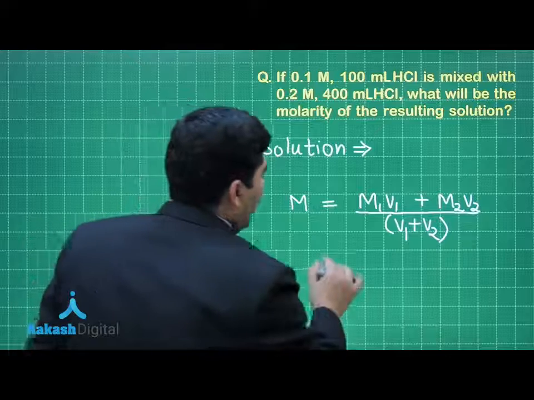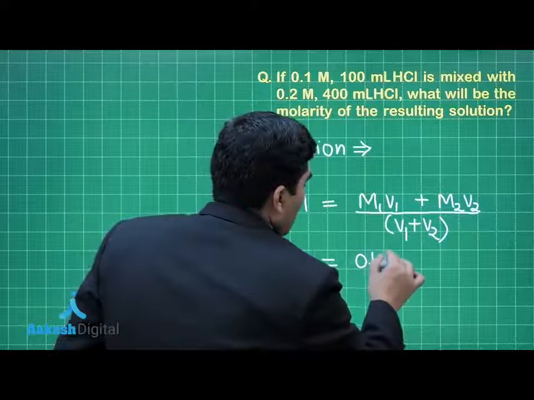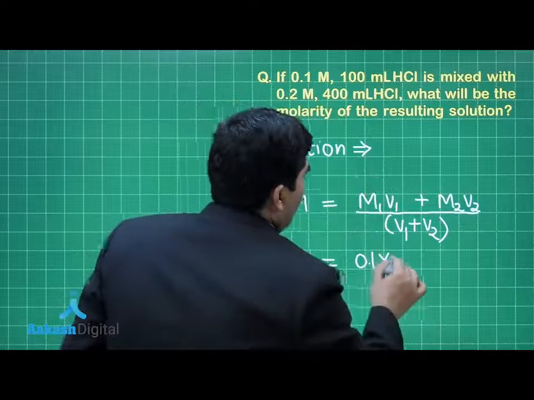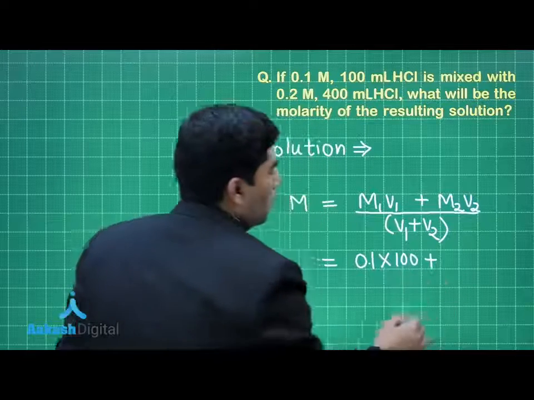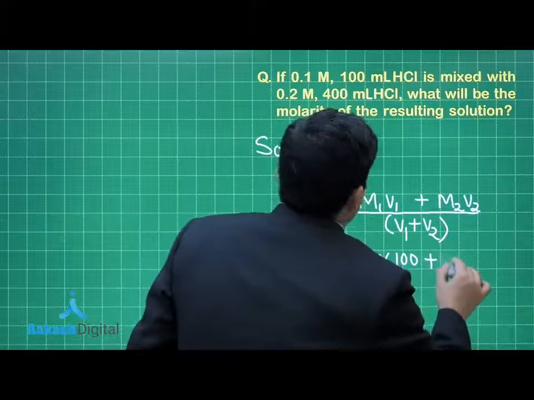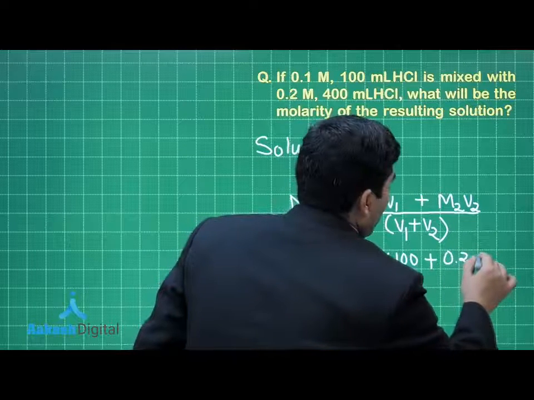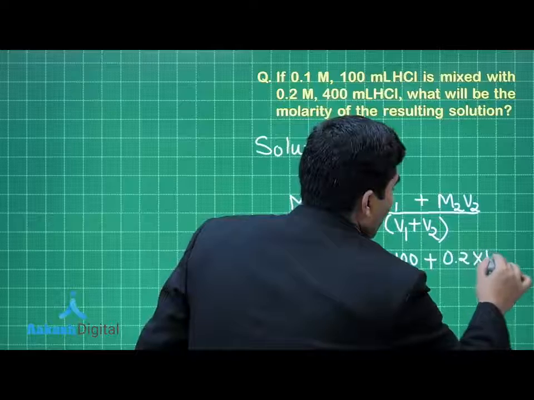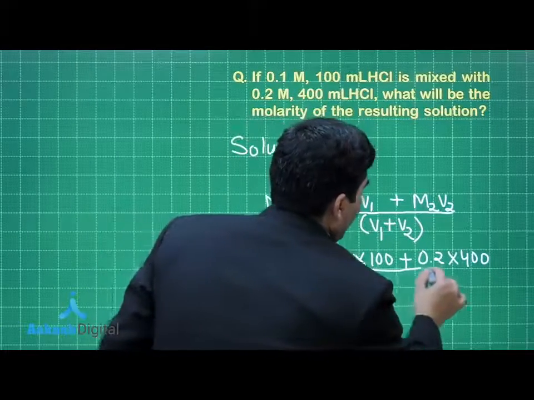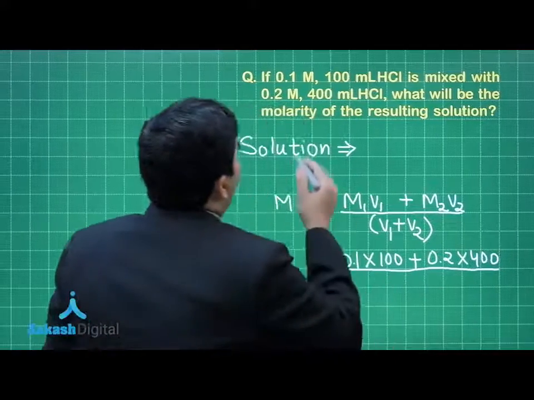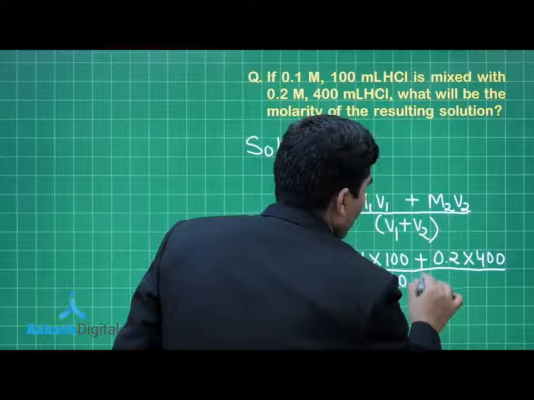Now, what is the value of M1? M1 is 0.1, so it is 0.1 multiplied by V1, that is 100, plus M2, which is 0.2, and V2, which is 400, divided by V1 plus V2, that is 100 plus 400.